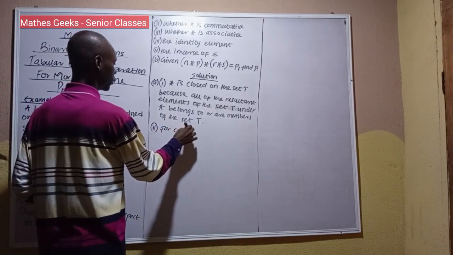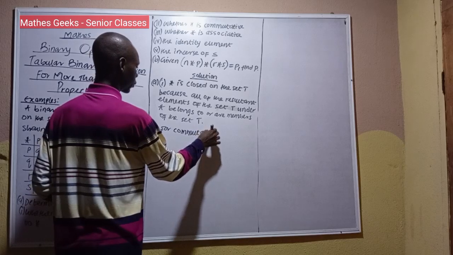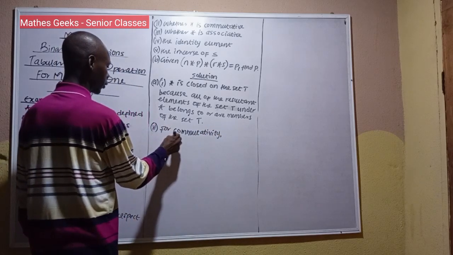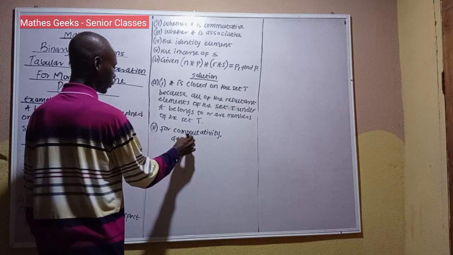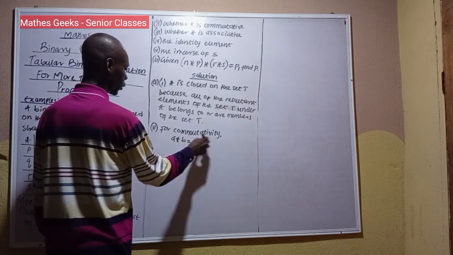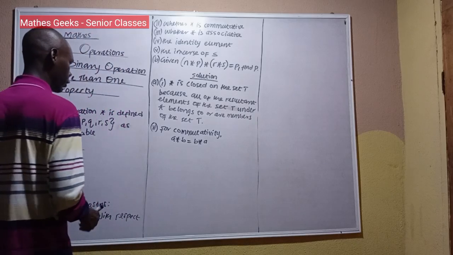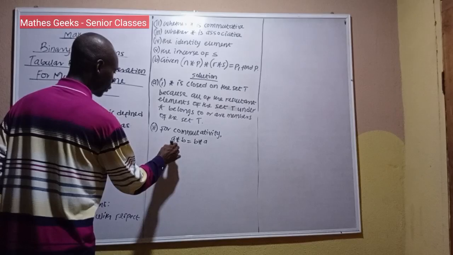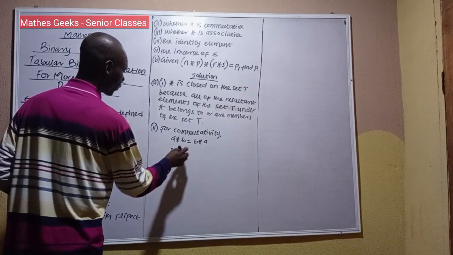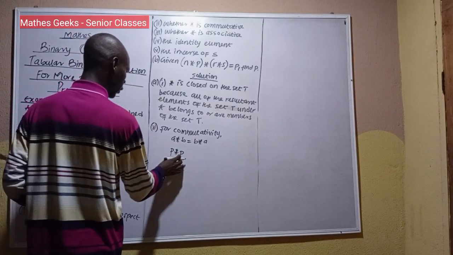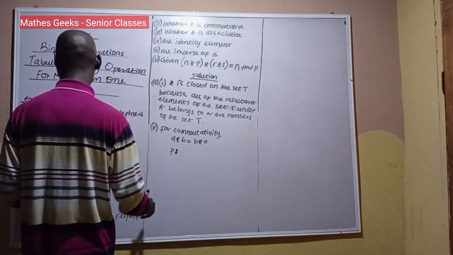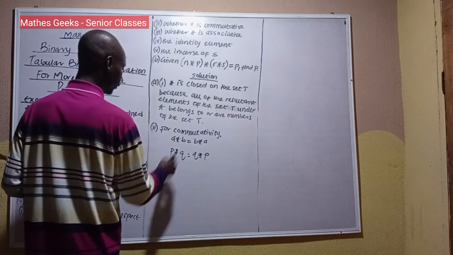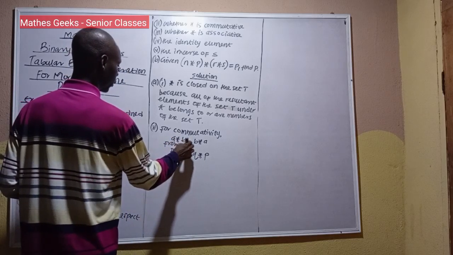For commutativity, A star B should be equal to B star A. So let's see if, say, P star Q is equal to Q star P from the table.